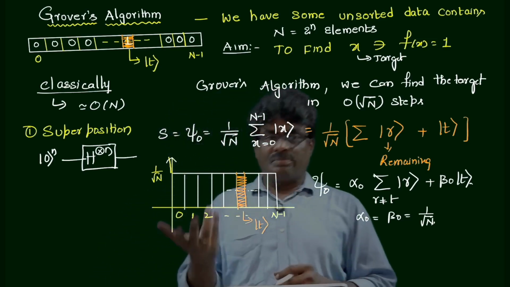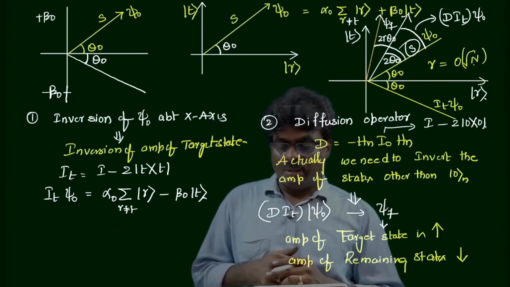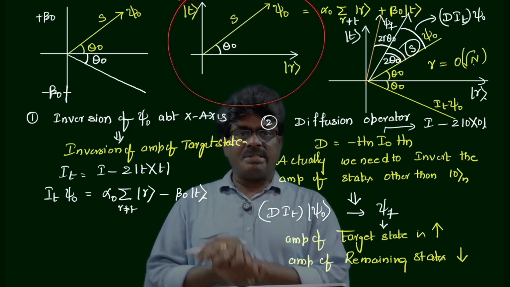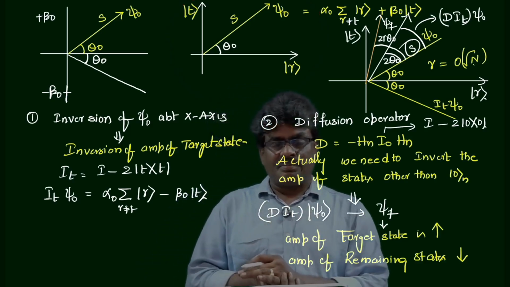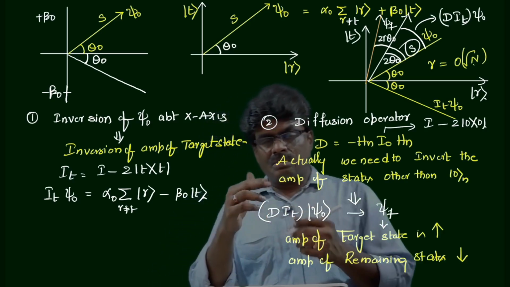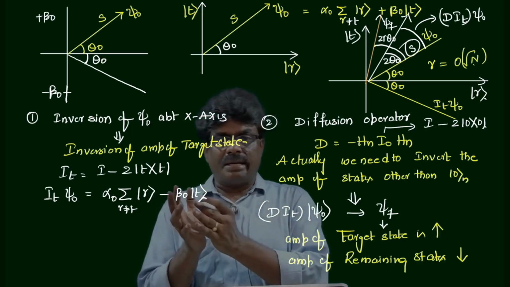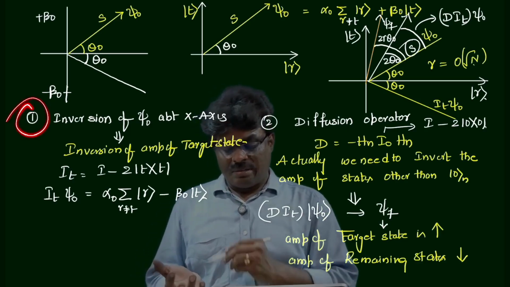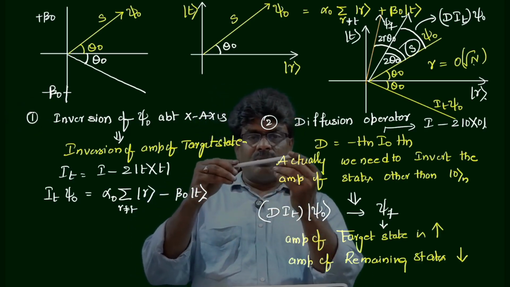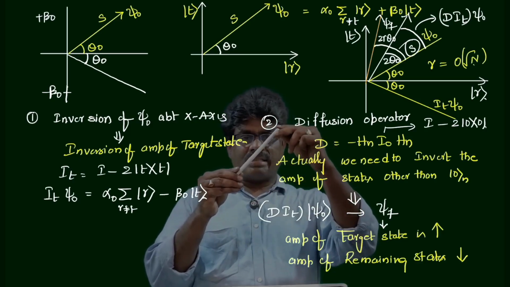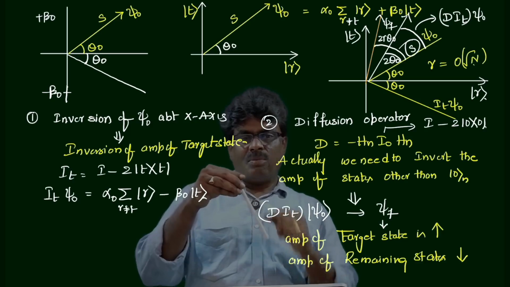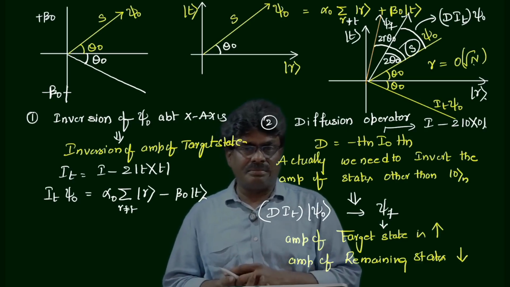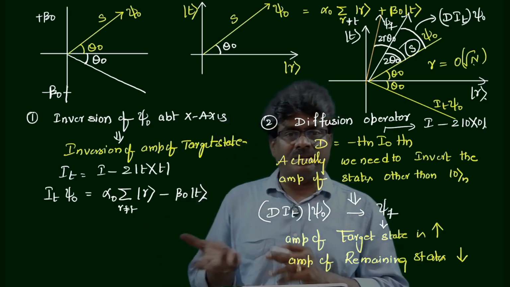The amplitudes are the same, and this is the graphical representation of the initial state. It passes through the origin because the amplitudes of the remaining states and the target state are the same initially. The first operation is the inversion about the x-axis. Once you take the inversion about the x-axis, the y coordinate becomes negative, so beta naught becomes minus beta naught. That is, the amplitude of the target state is inverted.